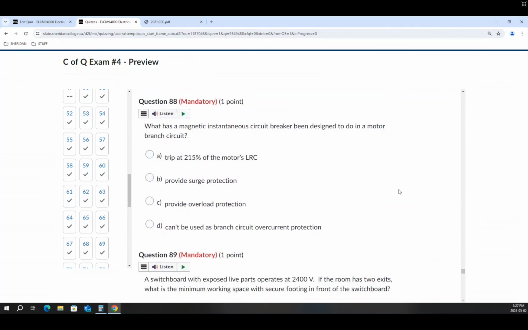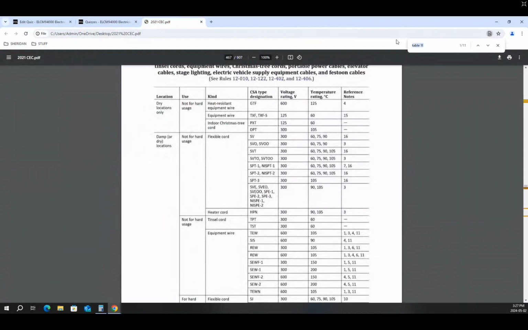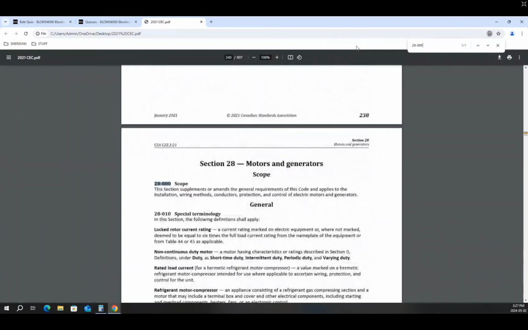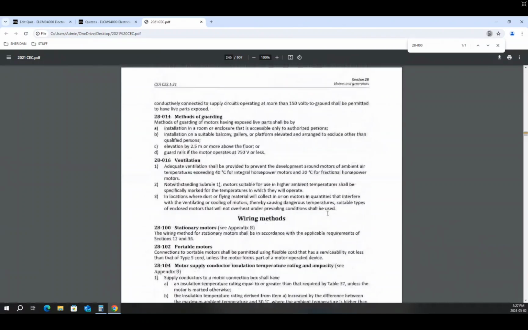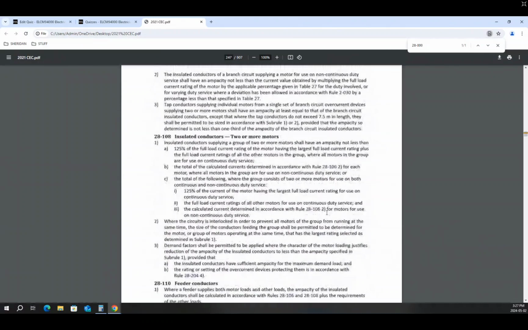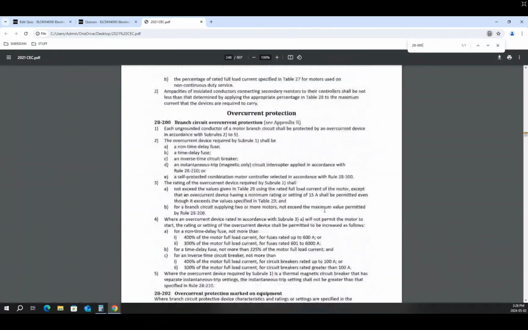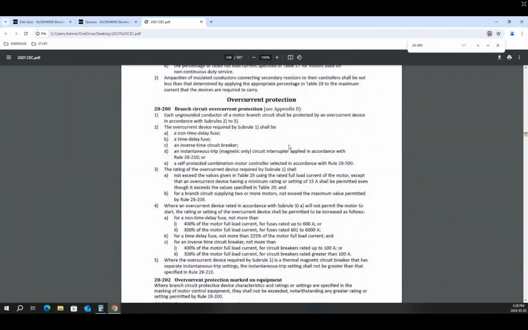Question 88. What's a magnetic instantaneous circuit breaker designed to do in a motor branch circuit? 28. Overcurrent protection.